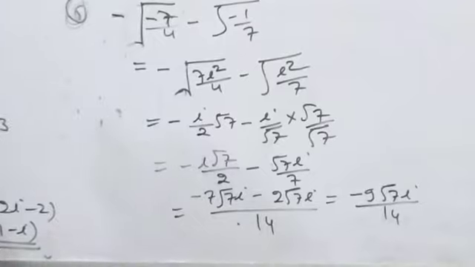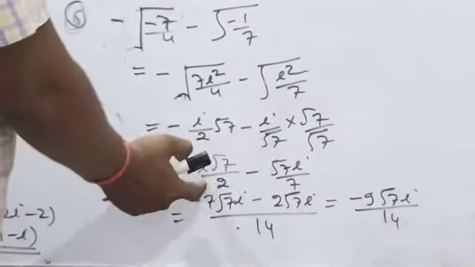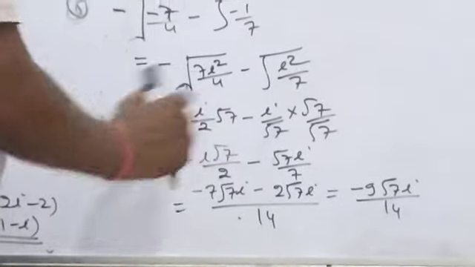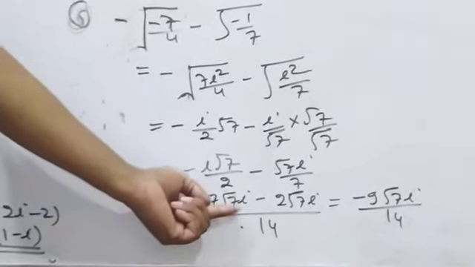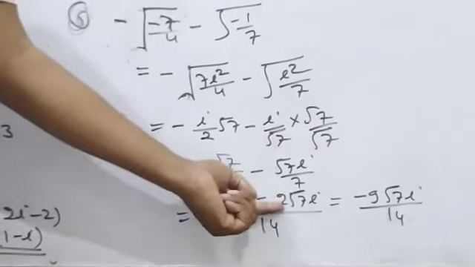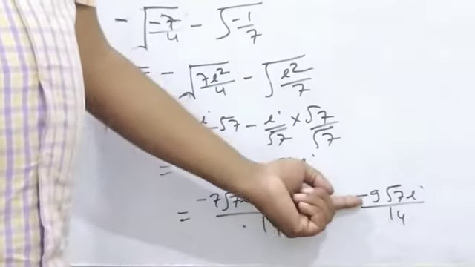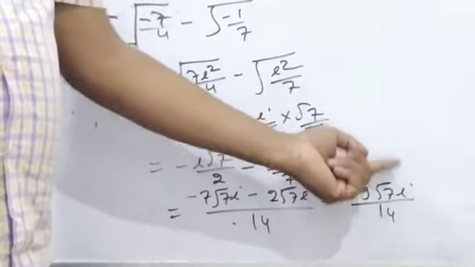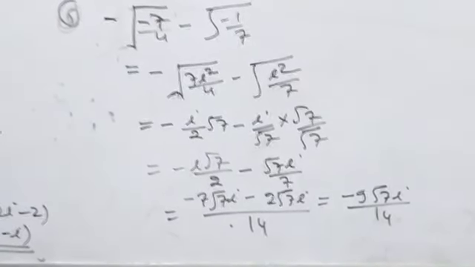Now I am going to take the LCM of 2 and 7. LCM of 2 and 7 is 14. So minus 7 into under root 7 i minus 2 under root 7 i upon 14 is equal to minus 9 into under root 7 i upon 14. Now this is the answer of this question.